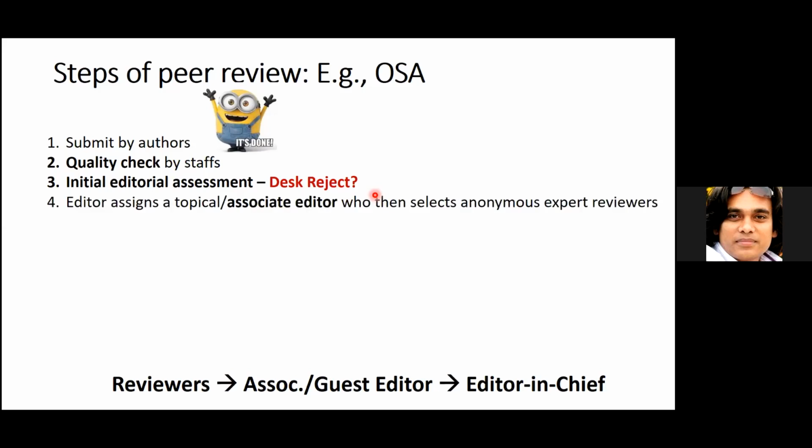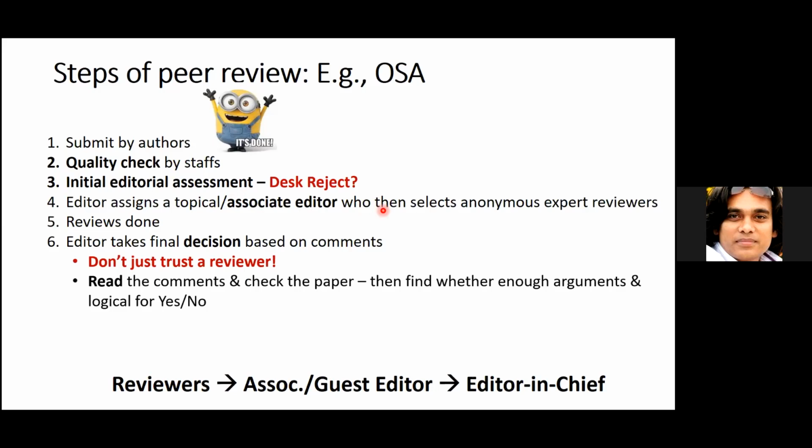Next point is that when the initial editorial assessment is okay, then the associate editor or guest editor involves some expert reviewers. Reviews done, then the editor takes the final decision based on comments, and we'll see a lot. Don't just trust a reviewer, because not all reviewers are good. This is number one.